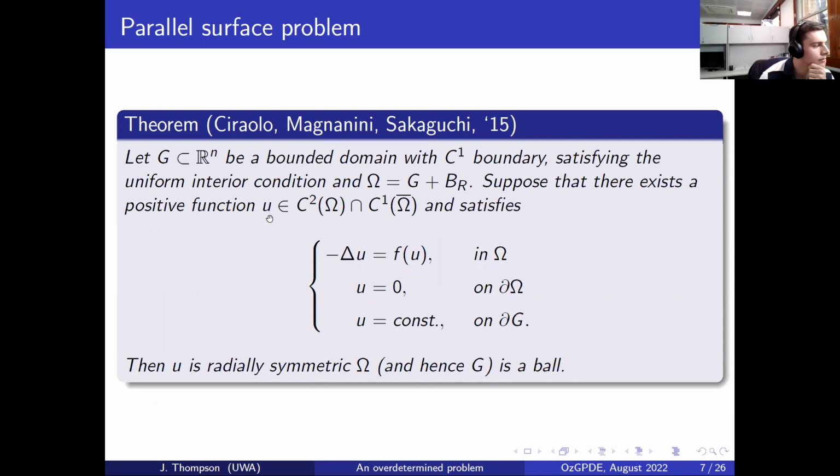We suppose that there exists a positive function u that satisfies this semi-linear problem: minus Laplacian of u equals f of u in omega.